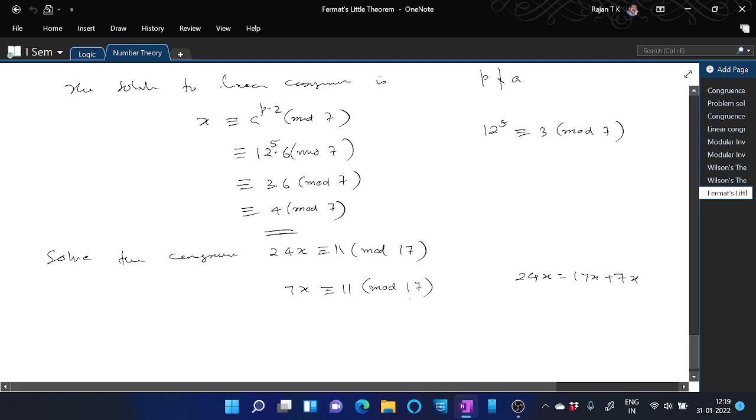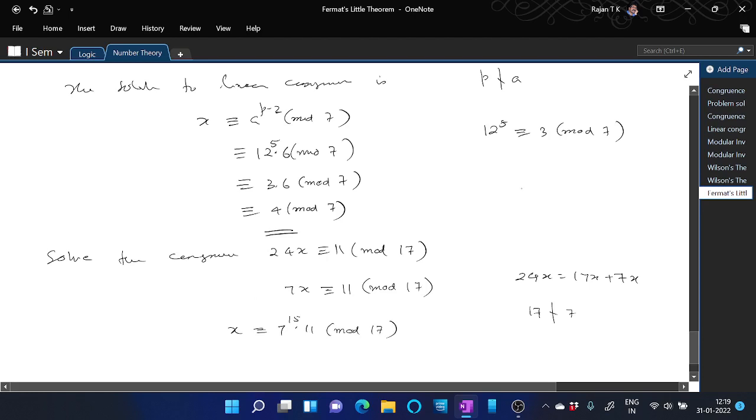Here 7 and 17 are such that 17 does not divide 7, and therefore by using Fermat's theorem it has a solution x congruent to 7 raised to 15 into 11 modulo 17.